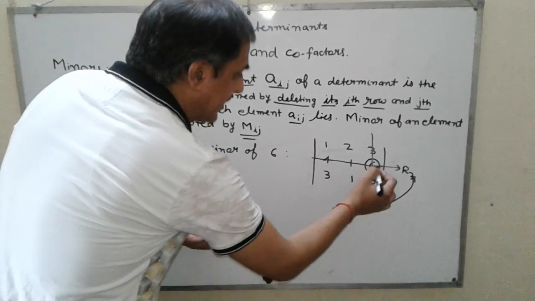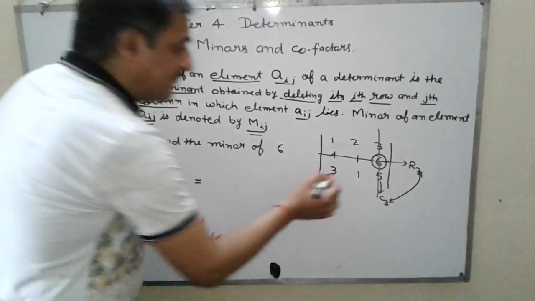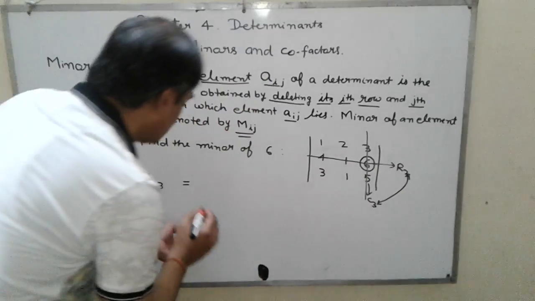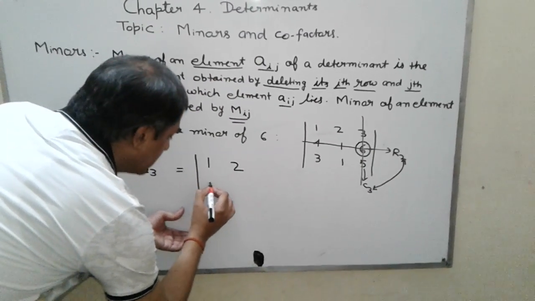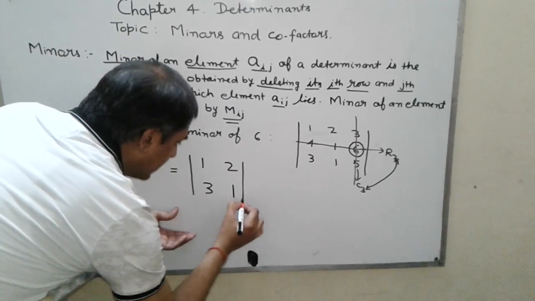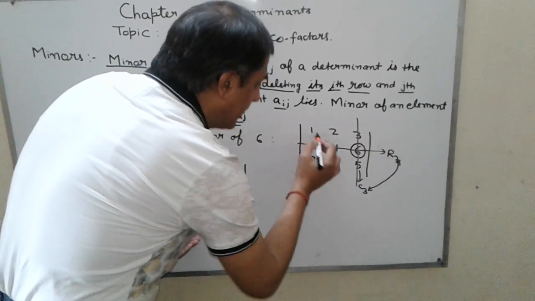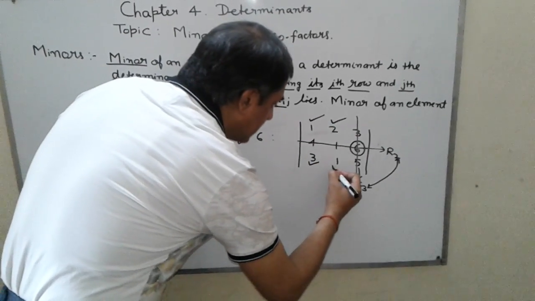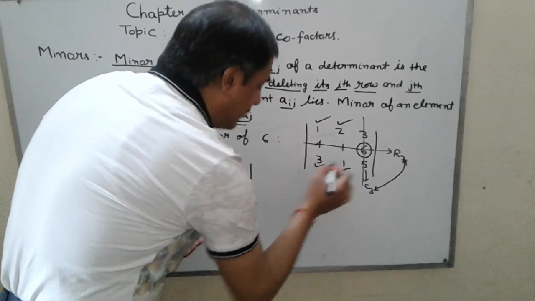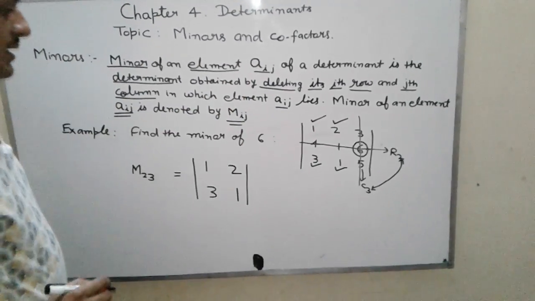After deleting the second row and third column, we have 4 elements: 1, 2, 3 and 1. This is the minor of 6.